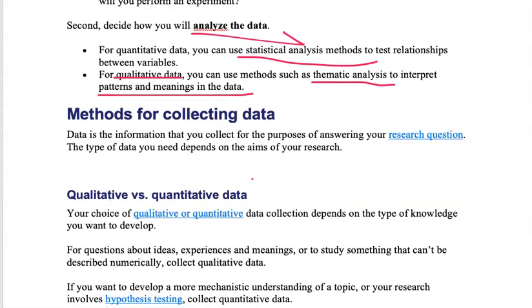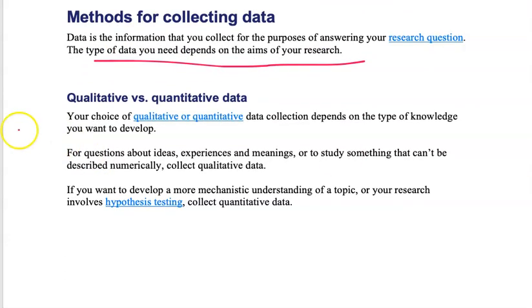Methods for collecting data. Data is the information that you collect for the purpose of answering your research question. So it all depends on your research question, whether you want to do qualitative or quantitative research. The type of data you need depends on the aim of your research. Qualitative versus quantitative data. Your choice of qualitative or quantitative data depends on the type of knowledge you want to develop.